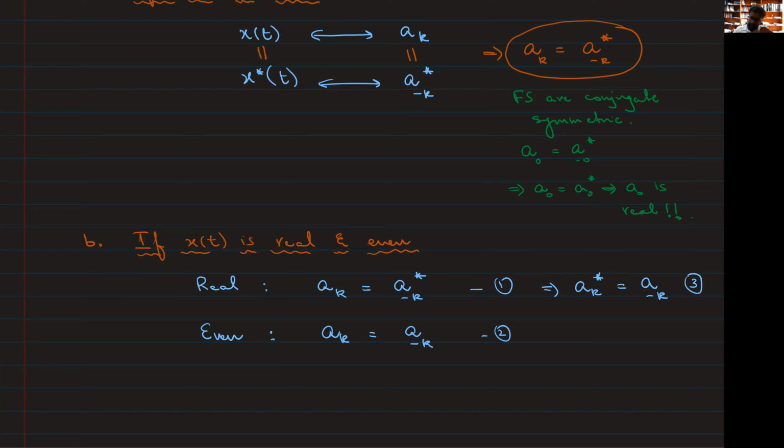And then I just combine equation number 2 and 3, and from there I conclude that this thing is equal to A of minus k and this thing is also equal to A of minus k. Therefore A k must be equal to A k conjugate, and this implies that A k must be real. So the conclusion is if x of t is real and x of t is even, then the Fourier series coefficients for this signal must be real as well. Okay.